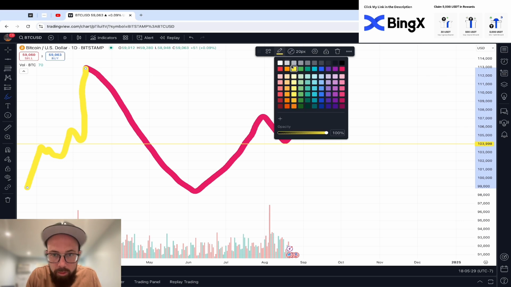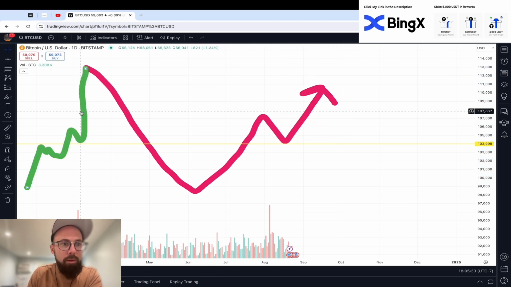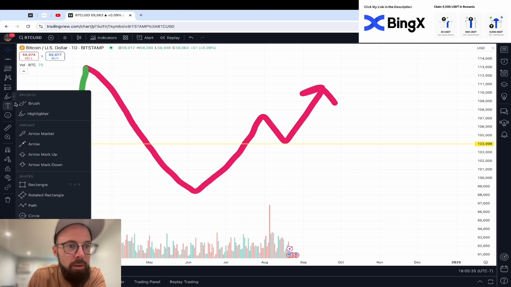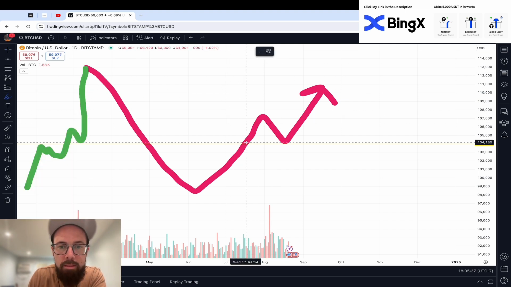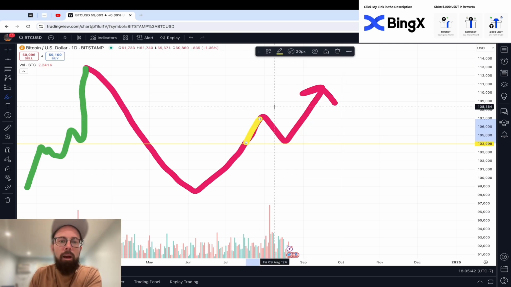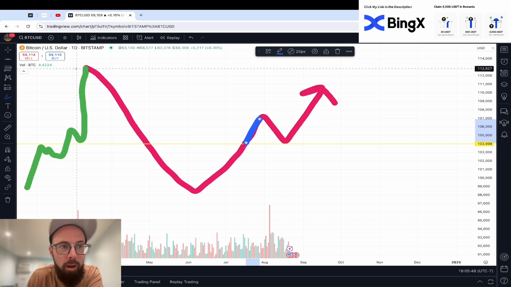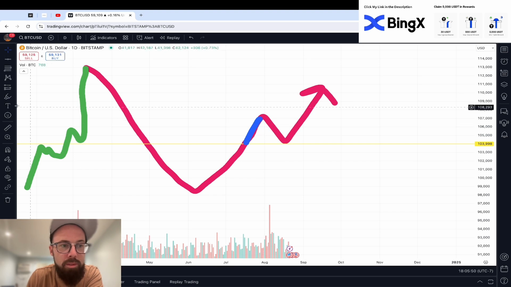So this is kind of cool. Green for up, red for down, pink for down. This right here is the breakout in yellow. That's the breakout, but that's not where you would enter. Blue is the breakout.